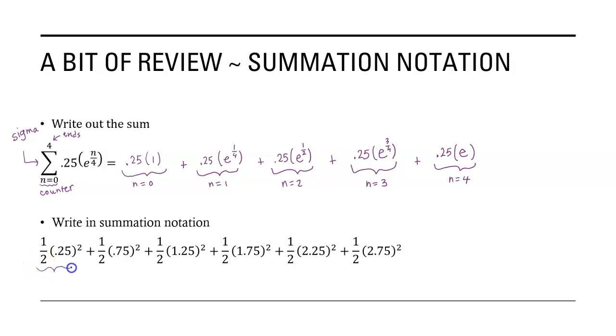So here's the big long string of addition for a different problem. Let's say we want to start counting at, I'm going to call it k this time. You could really call your counter any variable you want. Let's say I want to call this k equals 0, and this would be k equals 1.